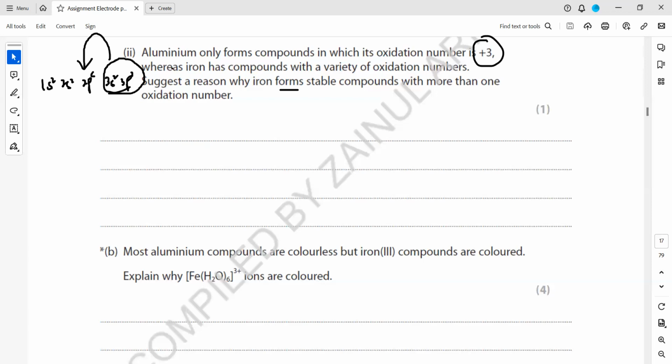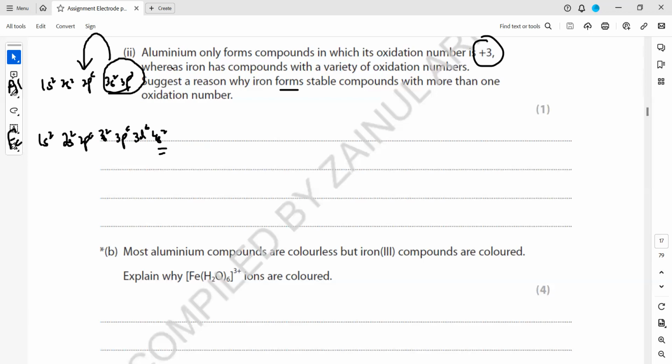This is aluminium, but when we talk about the configuration for iron, it is 1s2, 2s2, 2p6, 3s2, 3p6, then 3d in terms of order. So it was 3d6 and 4s2.